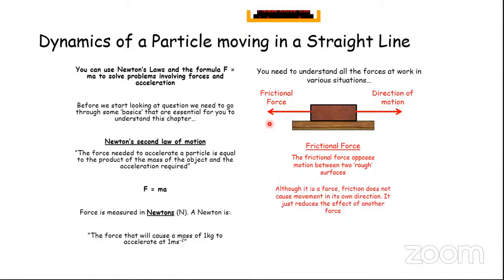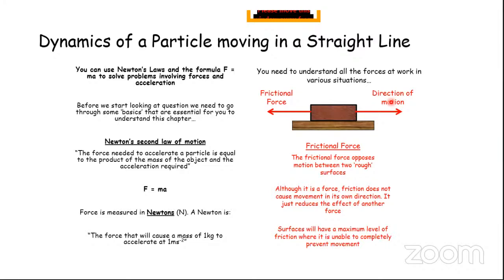So I'm saying although it is a force, friction does not cause movement in its own direction. It just reduces the effect of another force. So this frictional force does not make this particle or body here move in this direction. It just reduces the effect of the direction of motion, so it reduces the speed of the movement.